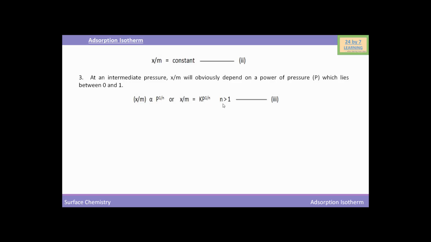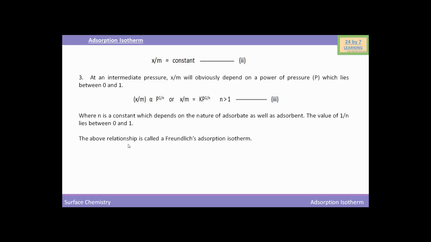Here n is any whole number. n is a constant which depends on the nature of the adsorbate as well as the adsorbent. The value of 1 by n lies between 0 and 1. The above relationship is called Freundlich's adsorption isotherm.